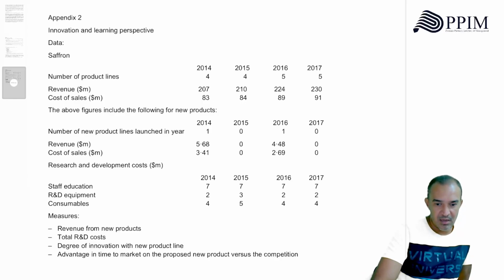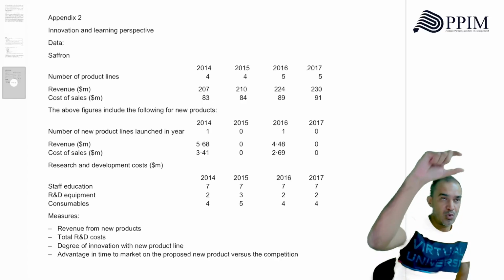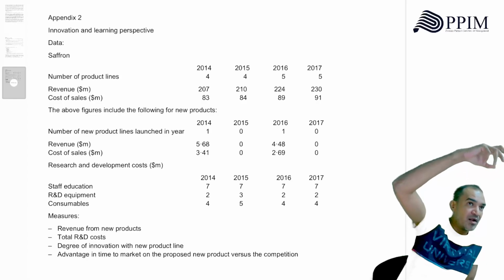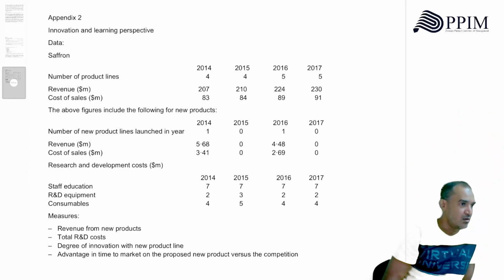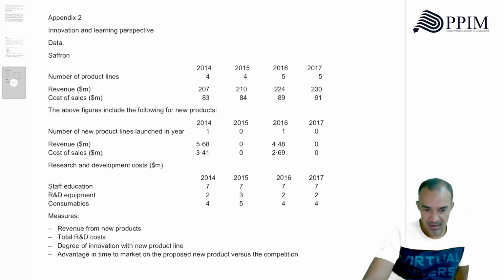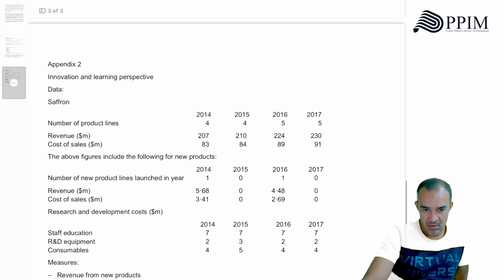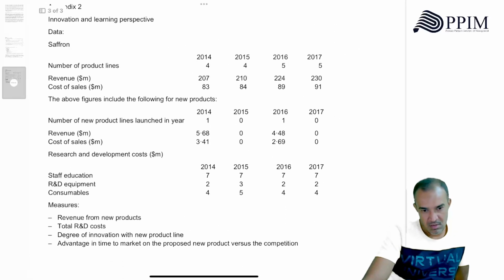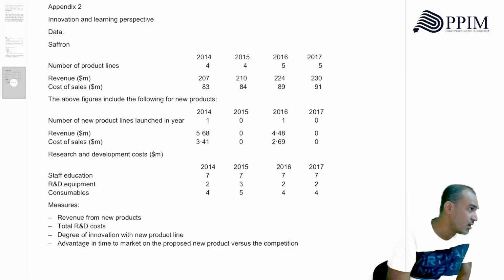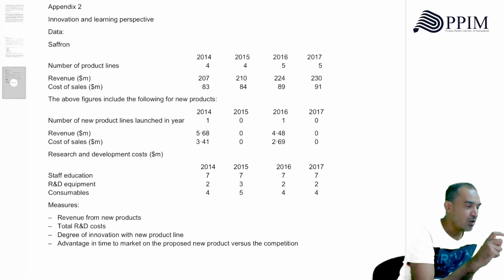Revenue is given, new product revenue is given, right? So how much of the new product revenue is generated out of the total? Now when you say new product, for how long? Do we mean within 1 year?